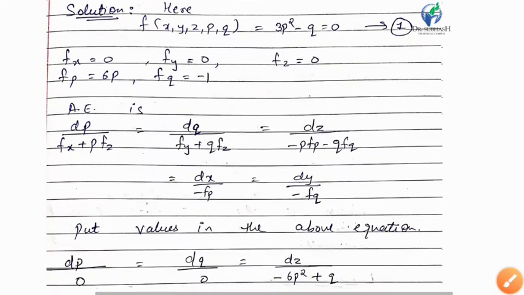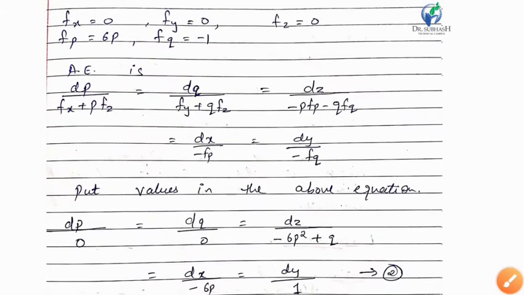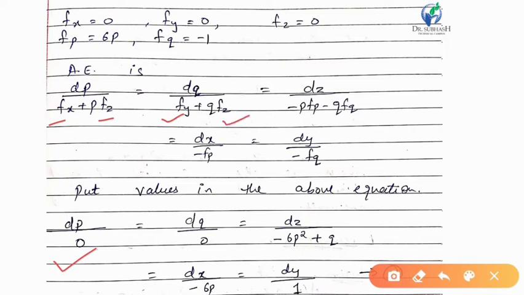In the next step, I will substitute all the values in the auxiliary equation. See, now here fx and fz are 0, so dp upon 0 we can write. Here fy and fz both are 0, so dq upon 0.